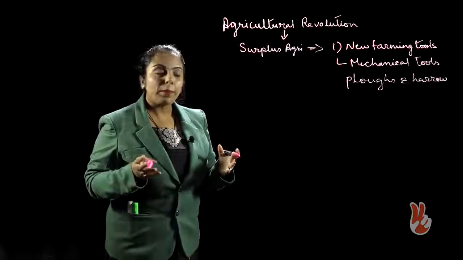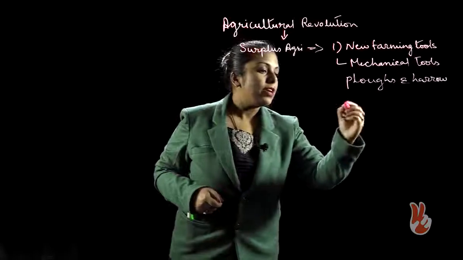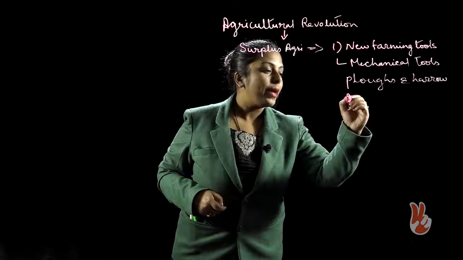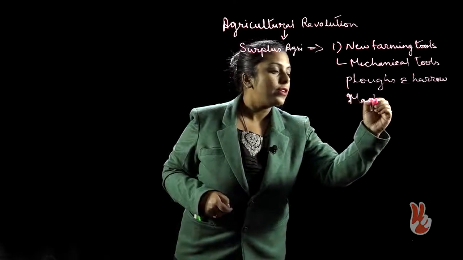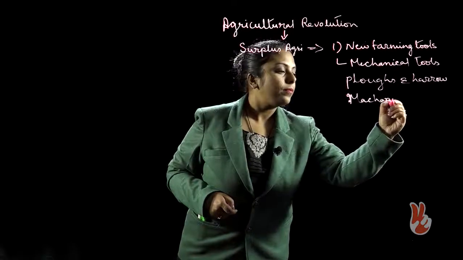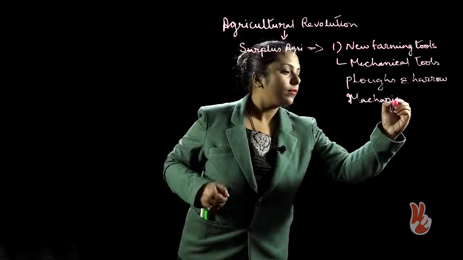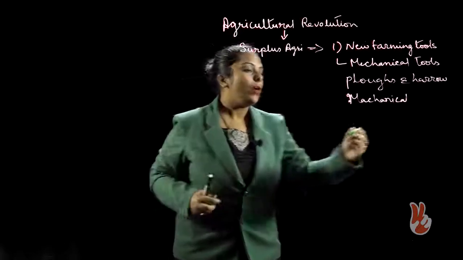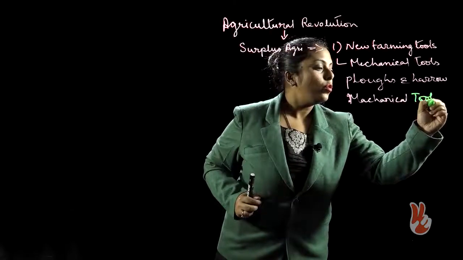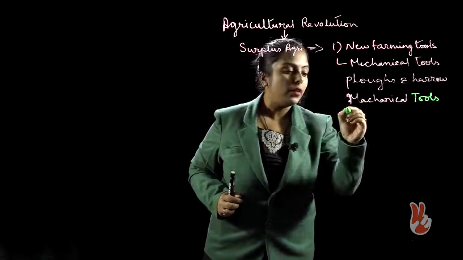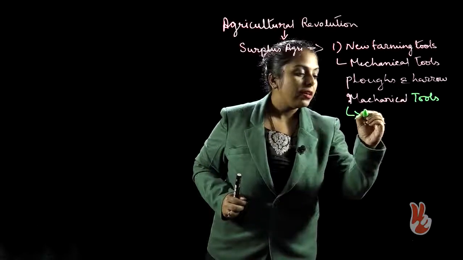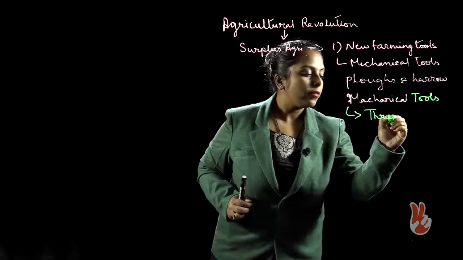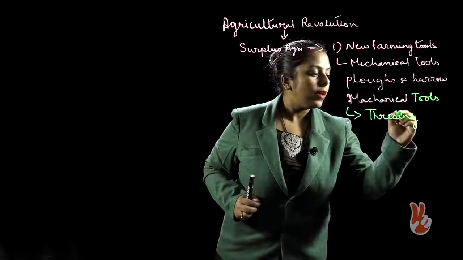Similarly, for reaping and threshing there were steel or iron mechanical tools available. Mechanical tools were now available for activities like threshing and reaping.